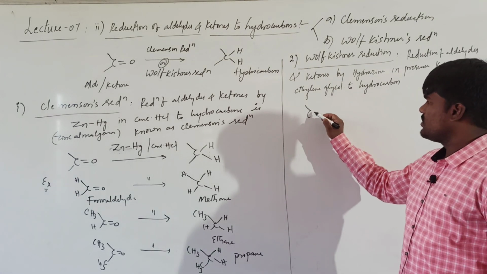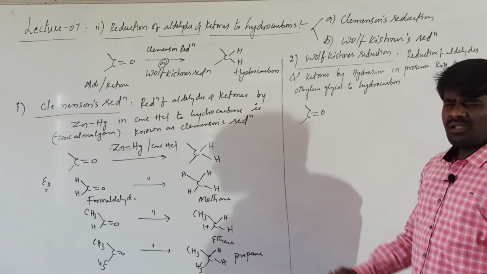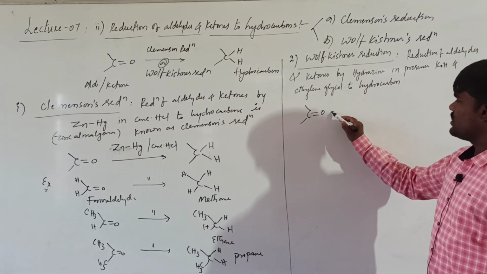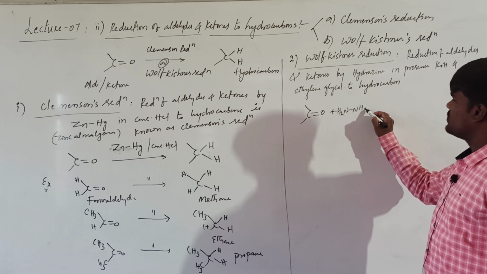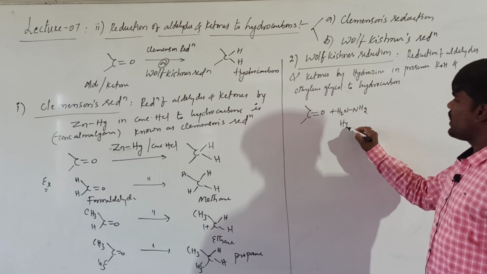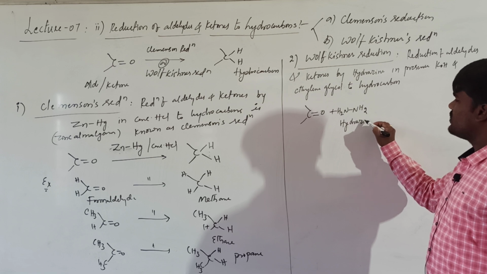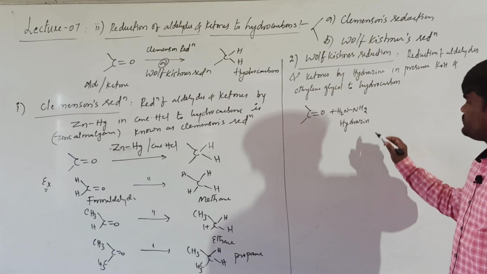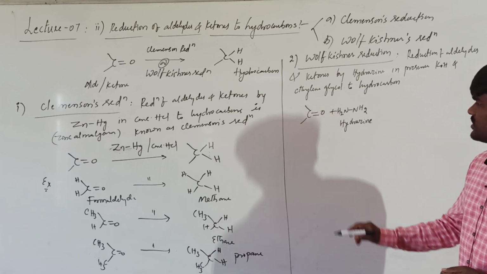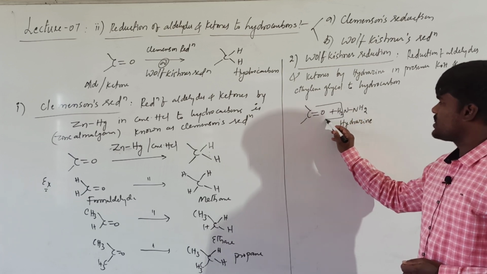What happens here? Here also the same thing. This could be either an aldehyde or a ketone. Here you are treating this with hydrazine. Yesterday we saw, under nucleophilic addition and elimination reactions, that water gets eliminated.